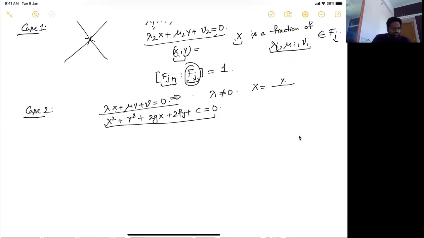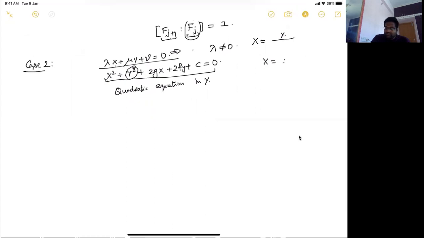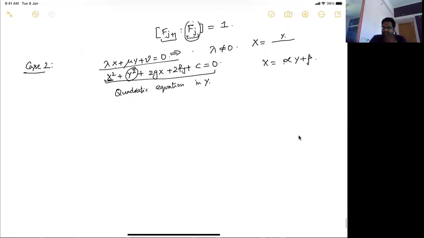From that, you'll have a quadratic equation in y, because you have a y square. So x must be some, let us say, alpha y plus beta. Then when you substitute in here and simplify the expressions, you'll have a quadratic equation in y.